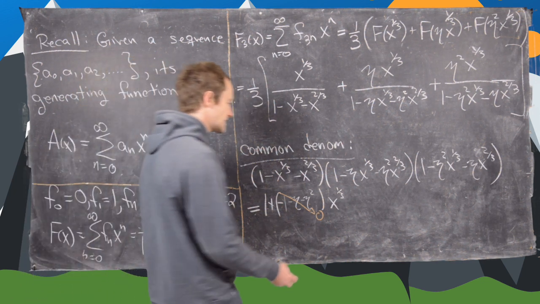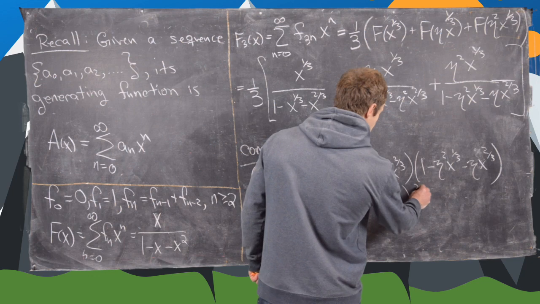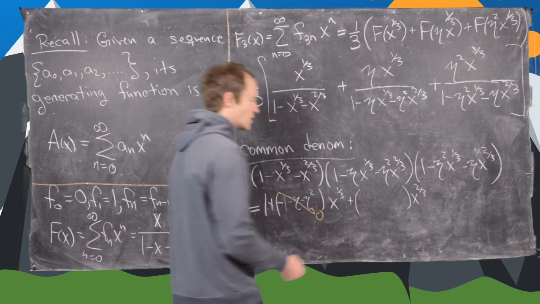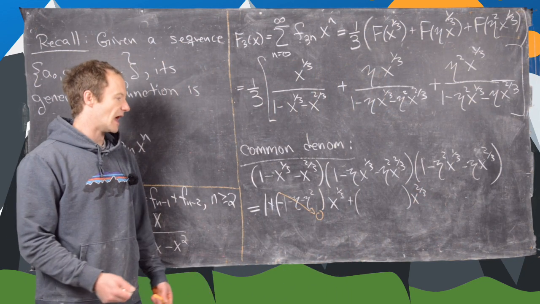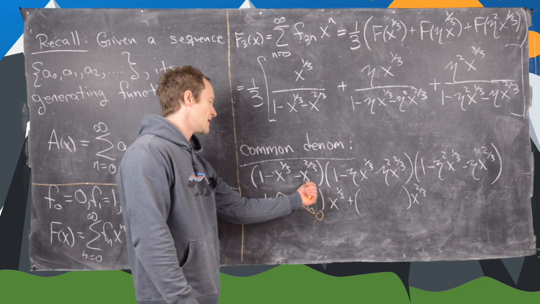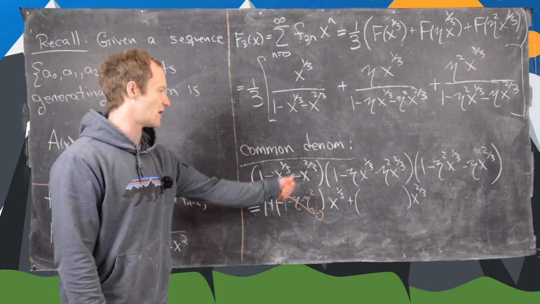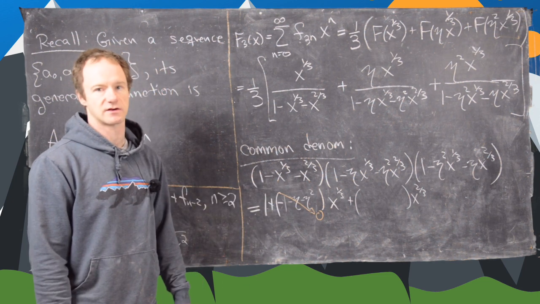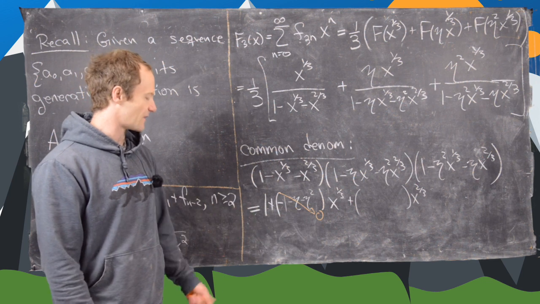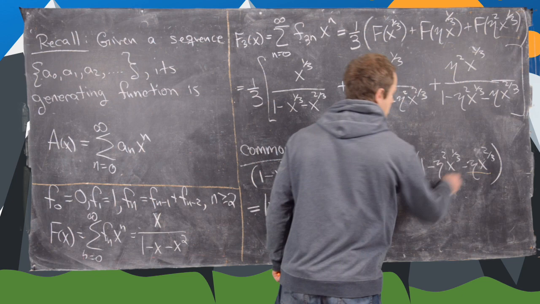Great. So the next thing we want to do is look at the x to the 2/3 coefficient. We're going to get that from 2 different places. We're going to get it from just these x to the 2/3 terms, which are part of all of these, and then multiplying x to the third with x to the third. So let's be careful about that. Notice we'll get them from this, like I said.